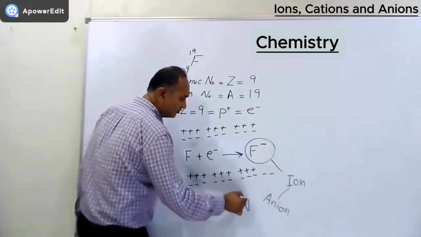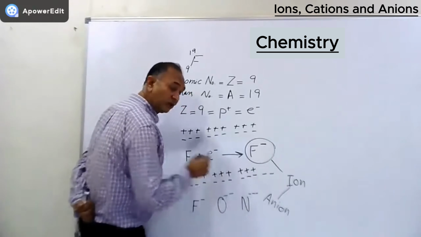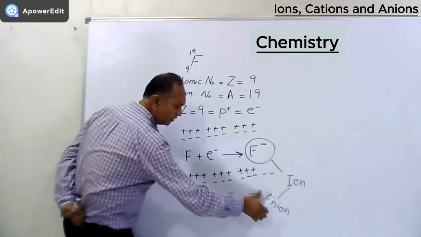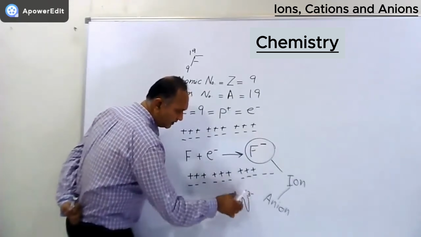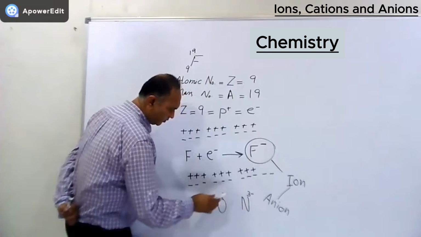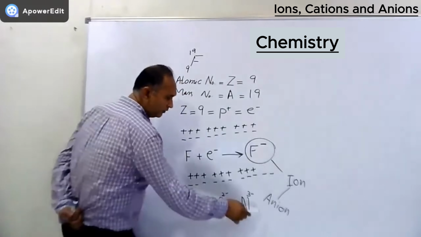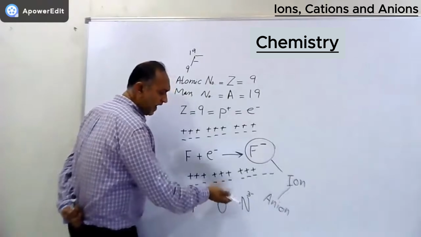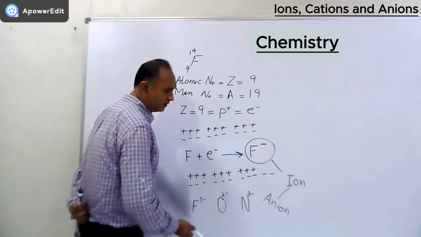If you see nitrogen, it means it has got 3 more electrons. You can write it in a simple way like this, or maybe like this. So all of these are not atoms but charged atoms having negative charges.